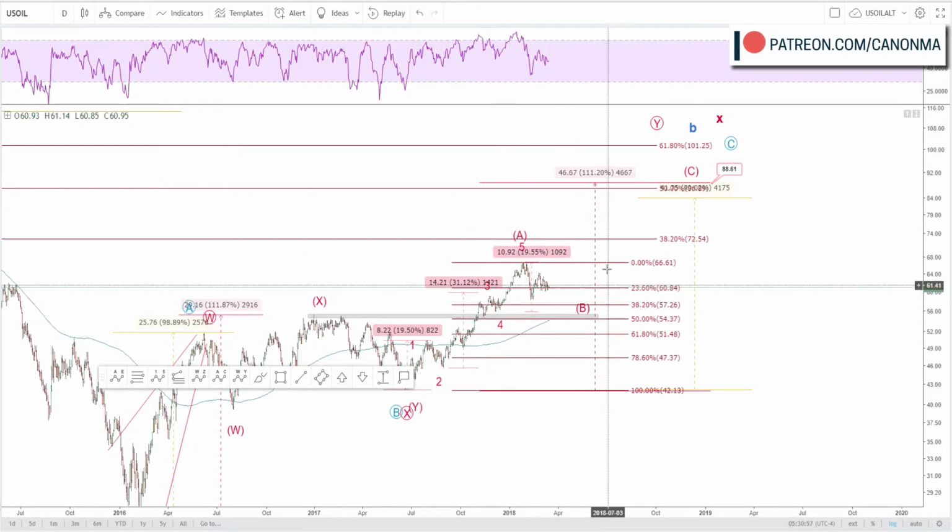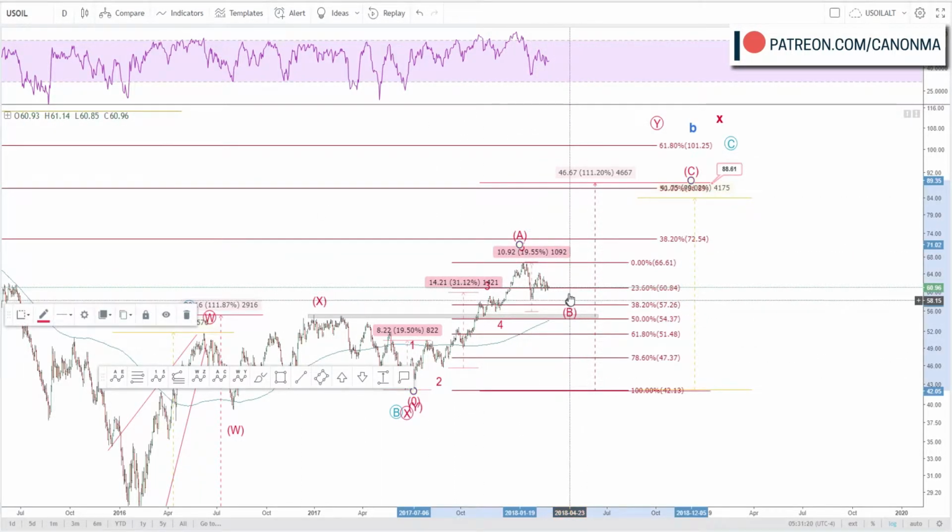And I say all that because of what we have had unfolding over really the last month or two now. Since mid to late January, as we were pushing into that top around $66, $67 on oil. So that sets the stage for what I'm about to explain on the short run here. Again, we're looking for a three-wave pattern for an intermediate wave B before we push up into our final leg up.